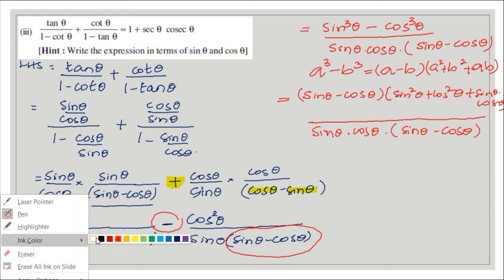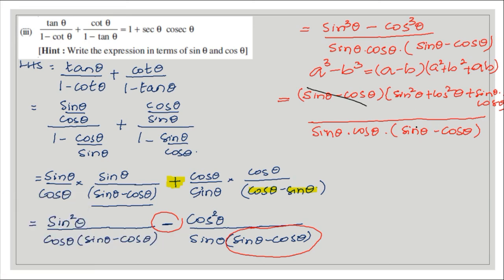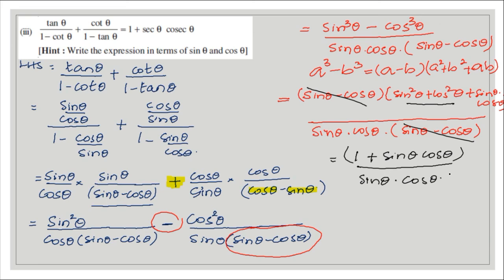Once again, I want you to observe that sin theta minus cos theta get cancelled. In the next step, I'll write sin square theta plus cos square theta as 1, plus sin theta cos theta, divided by sin theta into cos theta. Let us now take this as 1 upon sin theta cos theta plus sin theta cos theta divided by sin theta cos theta.